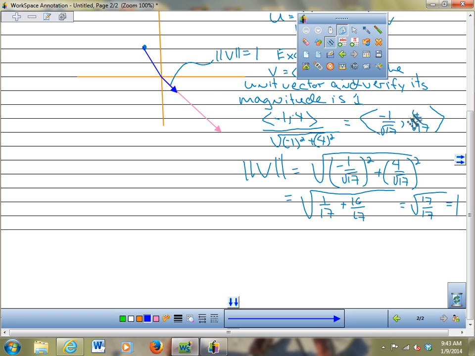This vector right here, negative 1 over the square root of 17, and so on, would be a vector lying on top of that vector, except it would only have a length of 1. Let me try again. I don't know, it's hard to see. But I don't know why the arrow's down there.